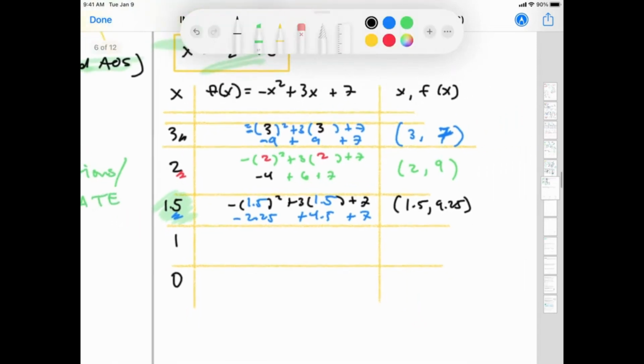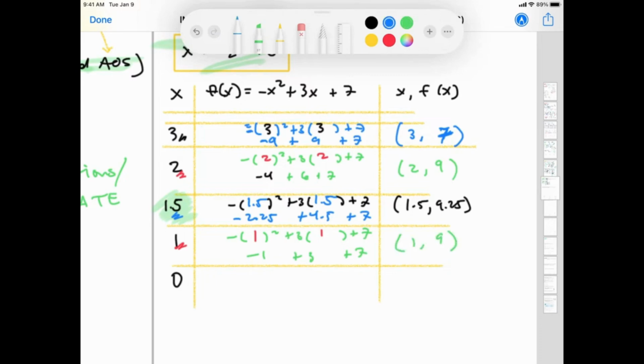Okay, let's keep going. So let's put in here 1. This will become negative 1 squared, negative 1, plus 3, plus 7. 2 plus 7 is 9. 1, 9 is my answer.